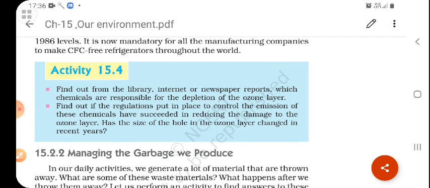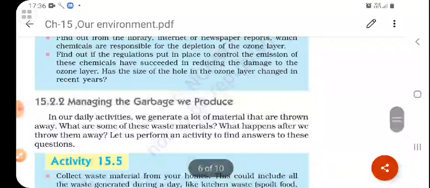Reasons for the huge production of garbage. Why is there a huge production of garbage and we are not able to dispose of it? Because of population explosion. Everywhere the population increases, then production increases, and the garbage increases. Improvement in lifestyle: higher amounts of waste are produced.